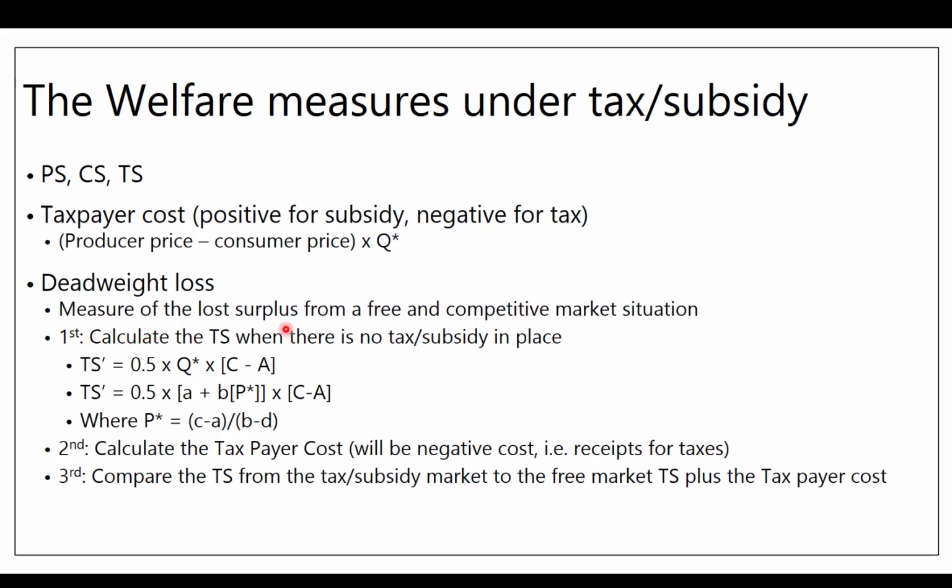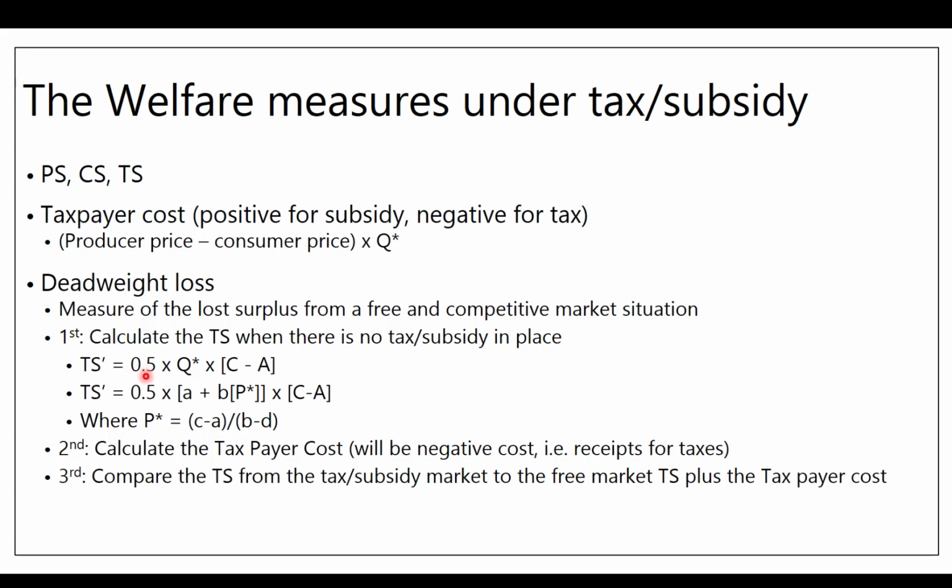Okay, and so what we want to do then is identify the lost surplus, or the lost amount of value in a market compared to that free market situation. So what we'll do is first we'll calculate the total surplus, the PS plus CS, when there's no tax or subsidy in place, okay? And if you wanted to do that, you could calculate it using this formula, TS prime.